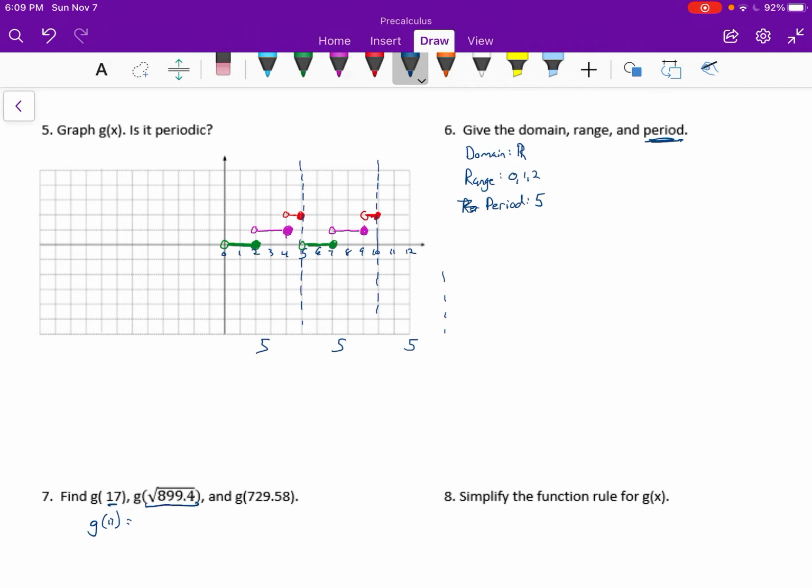So 15 is going to be there. 17 is going to be 2 away. Here's 15. And then 16, 17. Here's 17. It's 2 away from kind of a new starting point there, which is 2 away from our start, 1, 2, the value is 0.